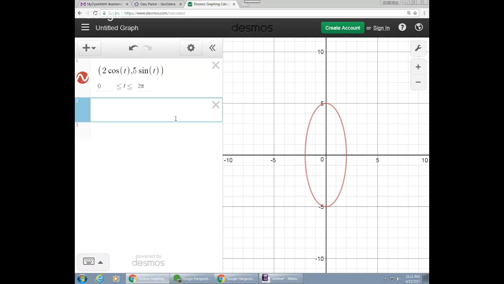And we are curious about the point when t is pi over 6. So the only way to graph that point is to say, hey, show me when t is pi over 6. And the point should magically appear there.